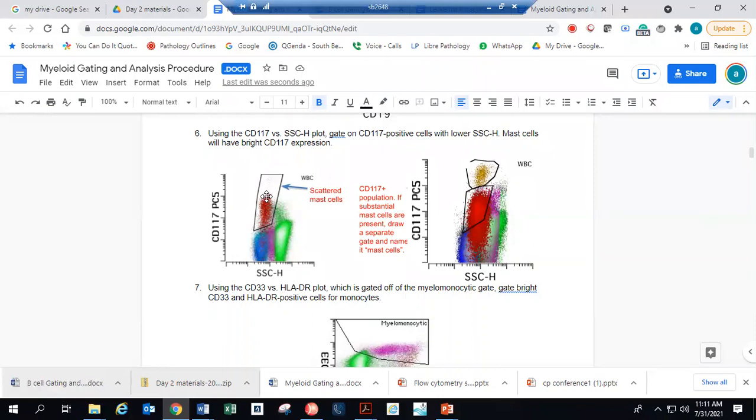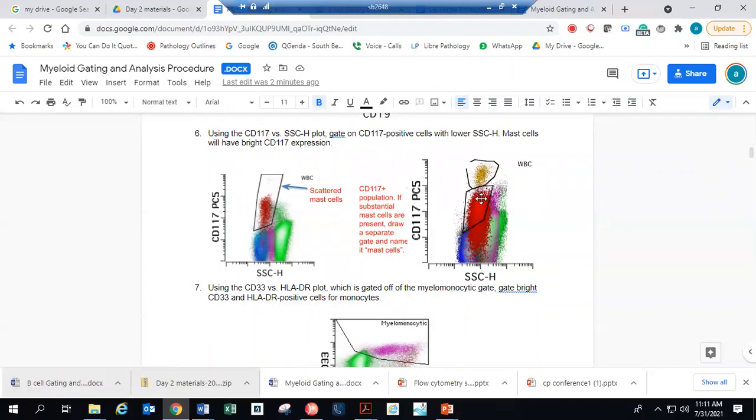If you remember our Brentwood gate chart yesterday, I showed you that CD117, 34, all of these are present in the myeloid blasts. Now the mast cells, they are brightest CD117. So that's what you will get. I don't know if you see those small tiny dots in here, but those tiny dots are the mast cells.